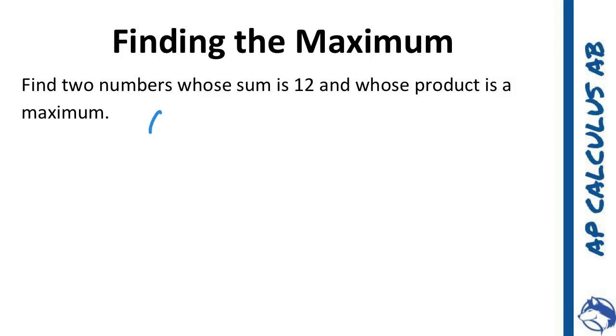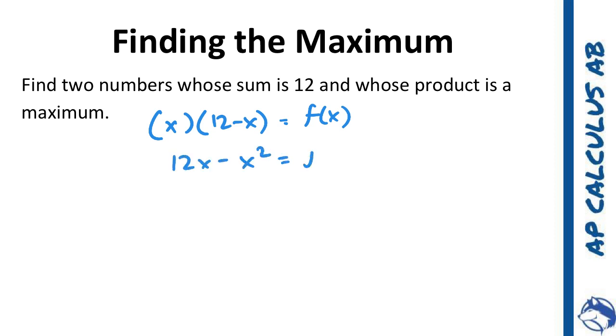So same thing here, we're going to have the same equation. We're going to do x and then 12 minus x, because that's the first number and the second number. And let's say that that's our function here. Well, we want to take the derivative, so if I rewrote this as 12x minus x squared, the derivative of this would be 12 minus 2x, which is f prime of x.